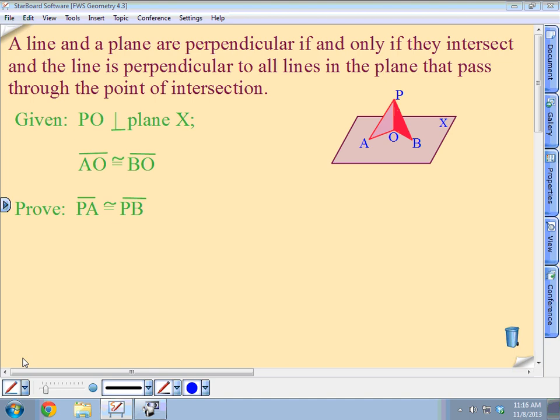You want to write down what's in the red there, guys. So a line and a plane are perpendicular if and only if they intersect, and the line is perpendicular to all lines in the plane that pass through the point of intersection.